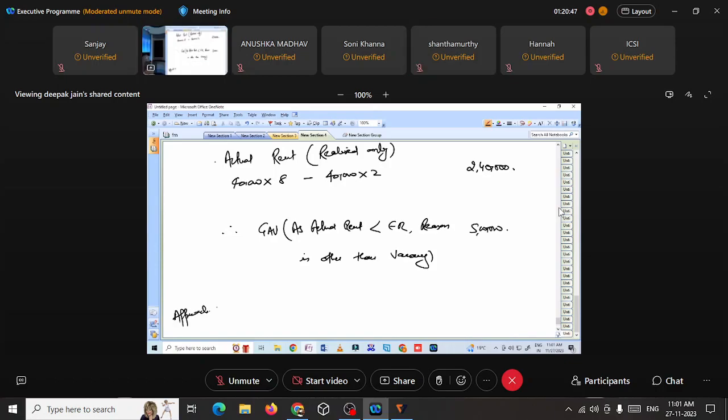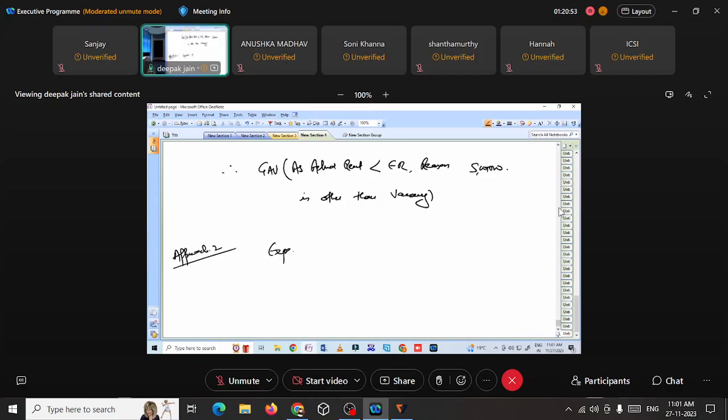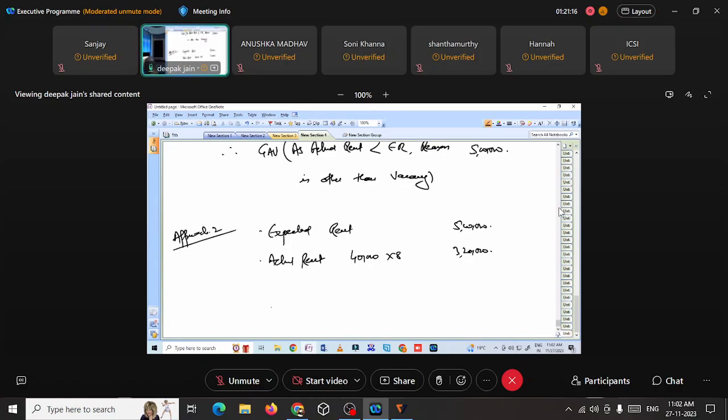Approach 2. Take expected rent for whole year. This one is 5 lakh. Actual rent for actual time period, assume all are realized. So 40,000 into 8, 3,20,000. Actual rent is less than expected rent and reason of reduction is other than vacancy.